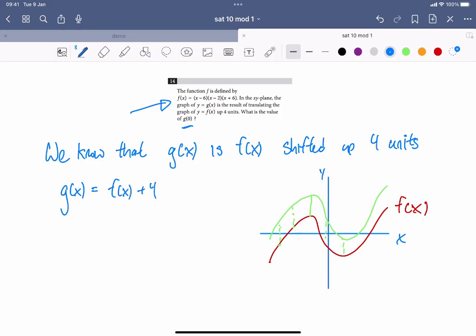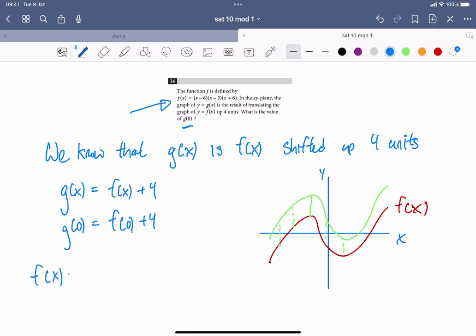Again, f of x often denotes the y coordinate, and g of x is the same thing. So all we need to do is find f of 0, because the question asks, what is the value of g of 0? So we need to find f of 0, add 4 units to that, and we will find our answer for g of 0.